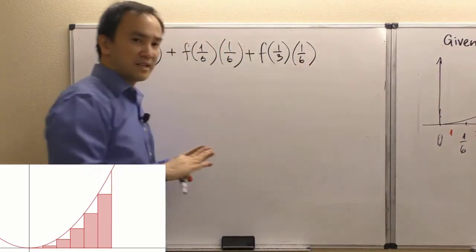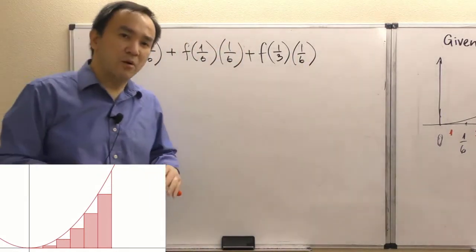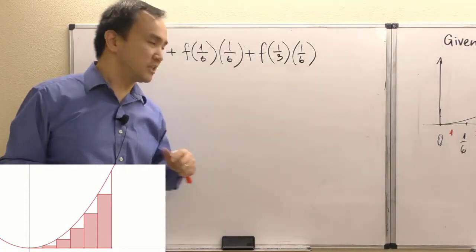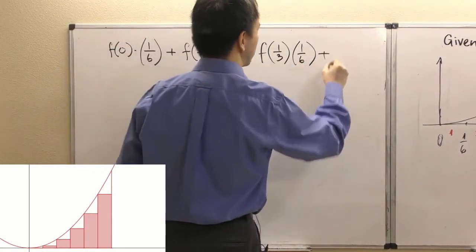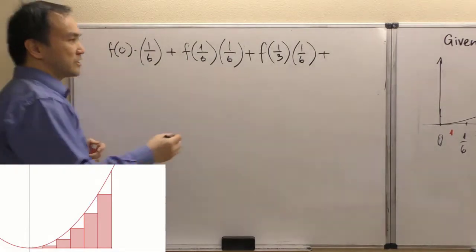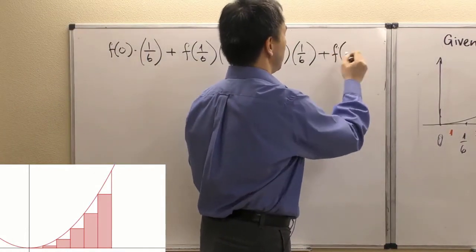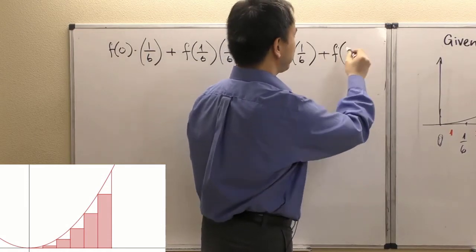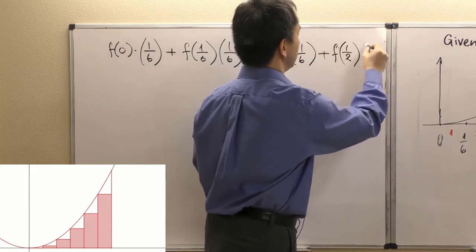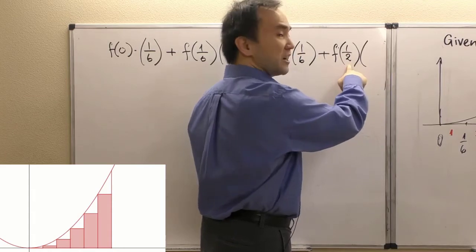Now, as anyone is pretty sure about where I'm going, I'm going to start picking up the pace because I don't want to waste your time watching slow steps. So 1, 2, 3, the fourth interval is f at 1/2 times the width 1/6, this being the left endpoint on my fourth interval.